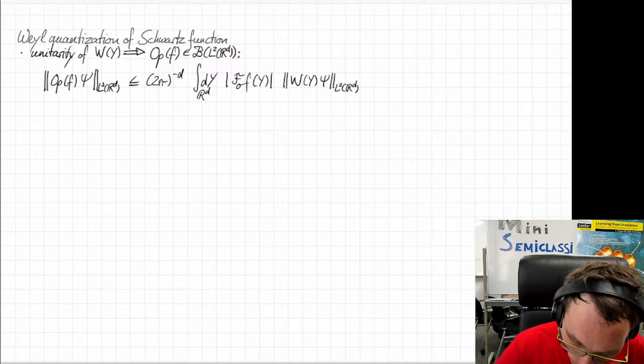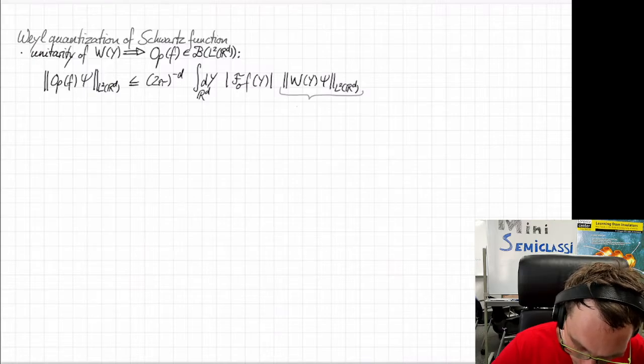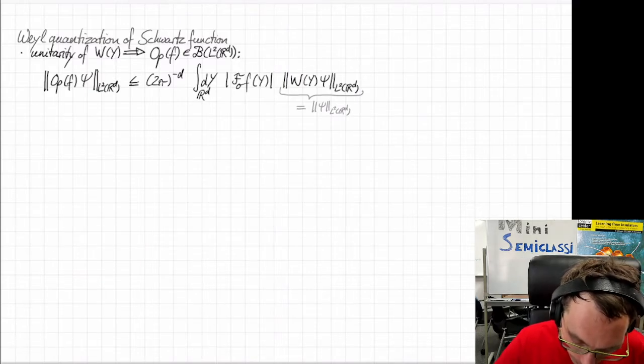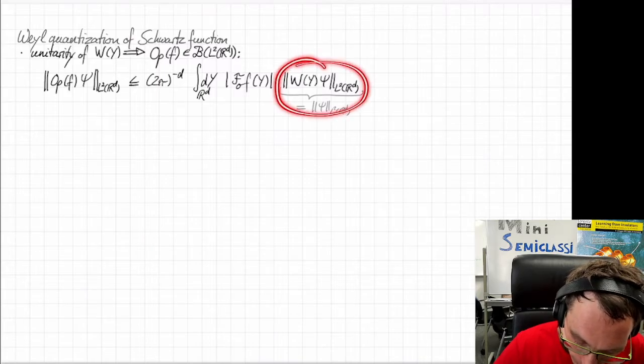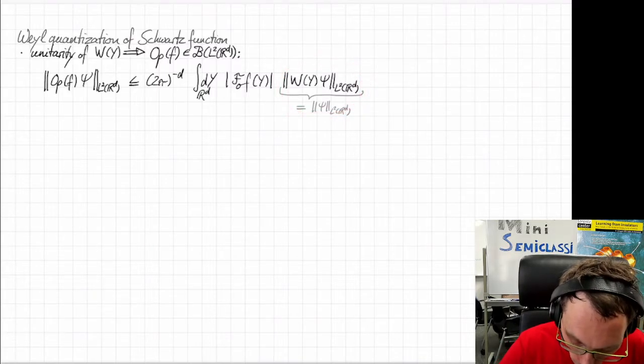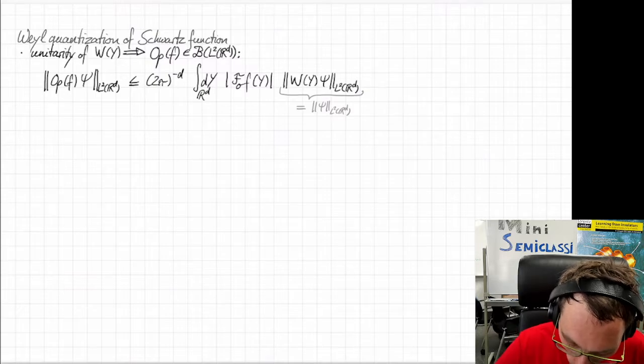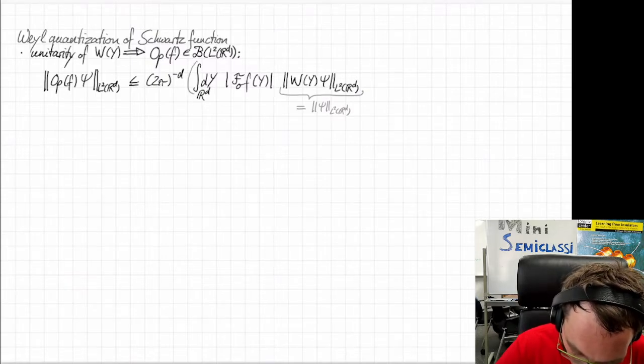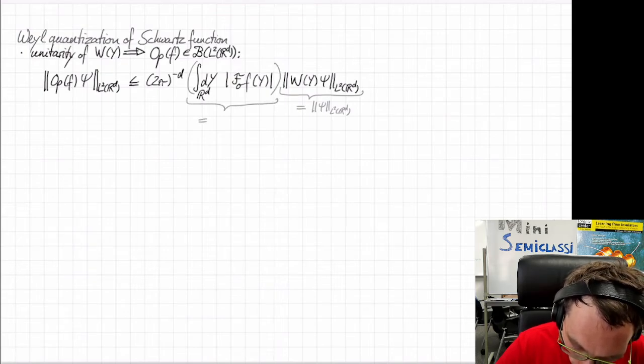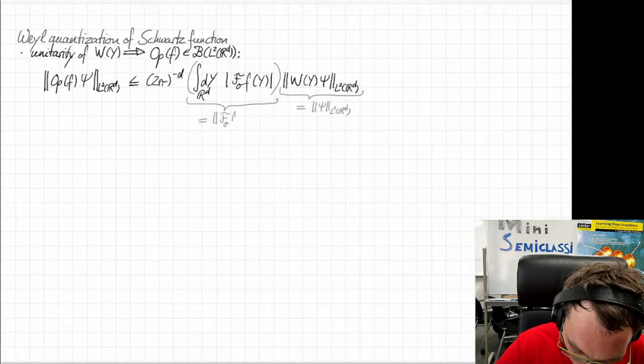But because the Weyl system is a unitary operator, this here is nothing but the norm of psi, again in L2 over R^d. And thus the right-hand side is actually independent of y, which means that we can introduce brackets here. And this here is equal to the L1 norm of the symplectic Fourier transform of f.